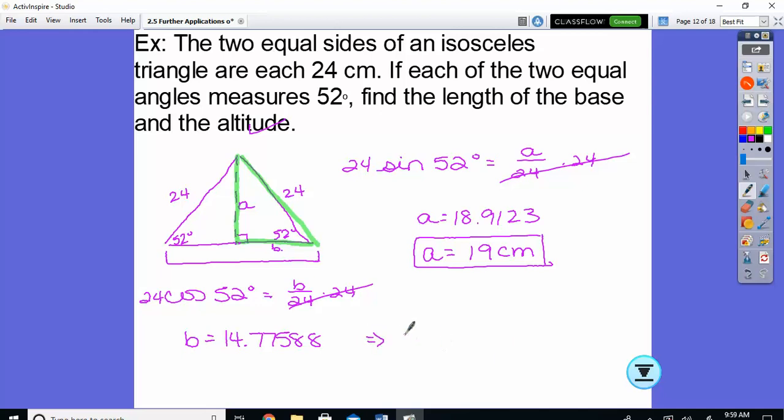To find my total base, you have to take that times 2, and we only want two significant digits. So if you take this times 2, you get like 29.55. So what would I use for my base? 30 centimeters.